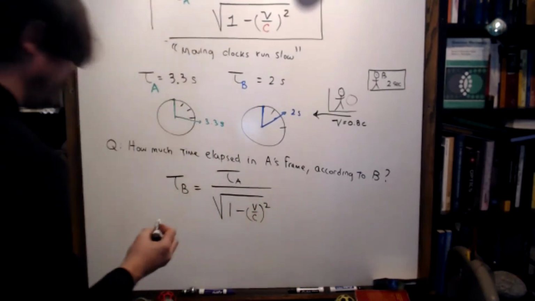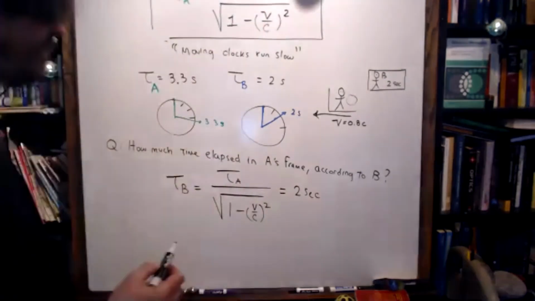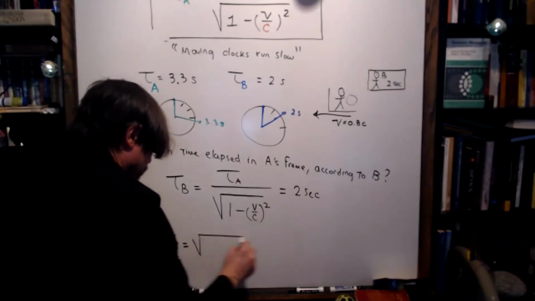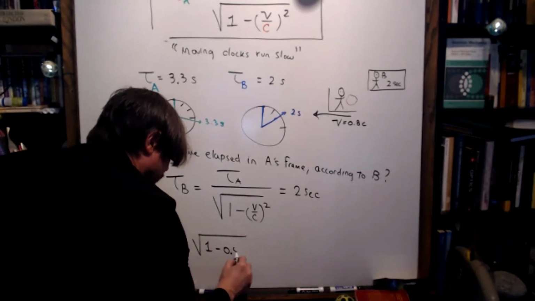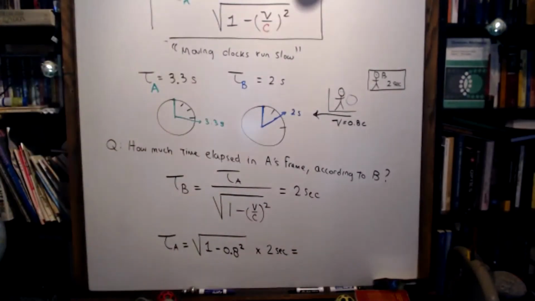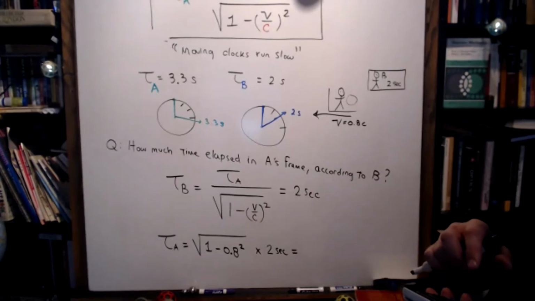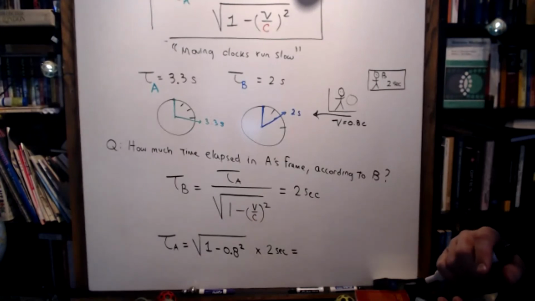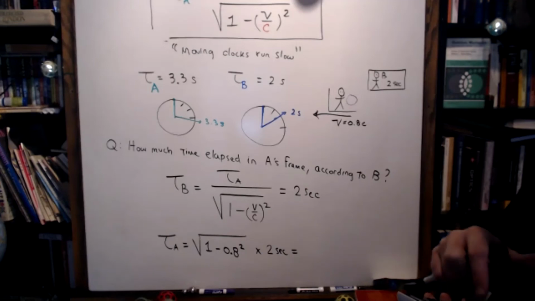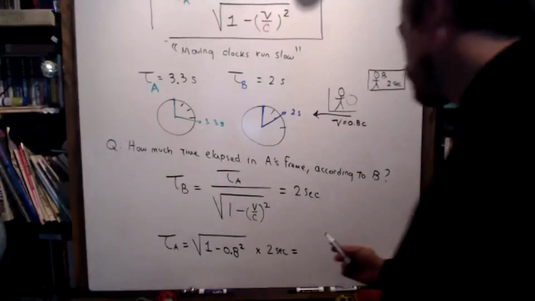But TB is now equal to 2 seconds. If we solve for TA's time relative to B, we will get the square root of 1 minus 0.8 squared times 2 seconds. Calculate that for me. 1.2 seconds.